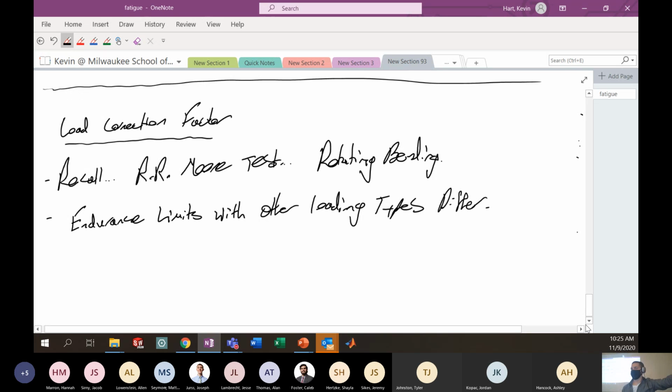Okay. And by other loading types, I mean like pure axial fatigue, right? Axial fatigue is kind of like something like this, right? Or pure torsional fatigue, which is something like, okay.